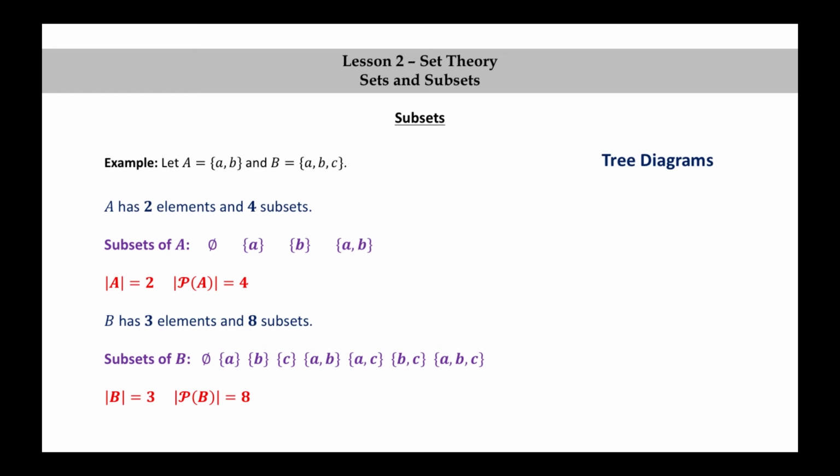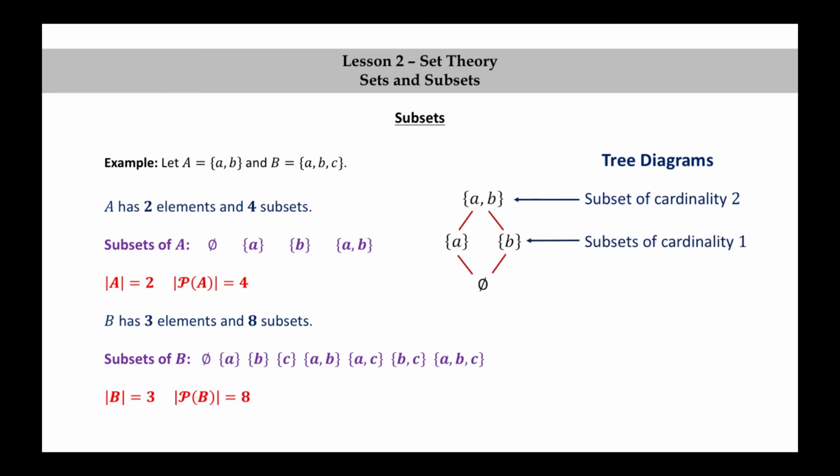Let's draw some diagrams of the subset relation between the various subsets of each of A and B, starting with A. This is a nice little tree diagram of the set A. Notice that at the top we have the subset of cardinality 2, which is the set itself. And underneath that we wrote the subsets of cardinality 1, the set containing A and the set containing B. And at the bottom we have the only subset of cardinality 0, the empty set.